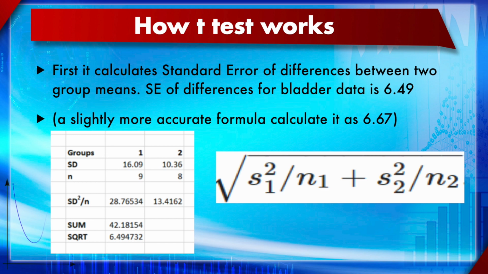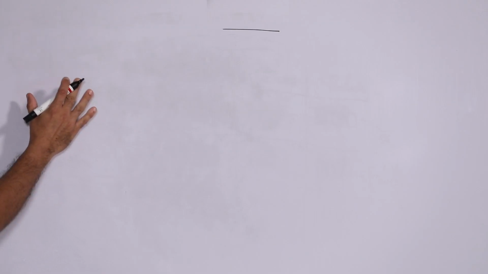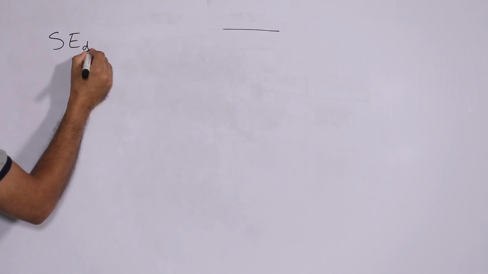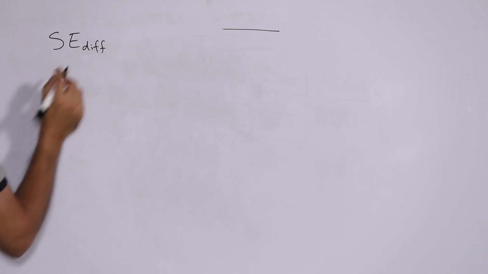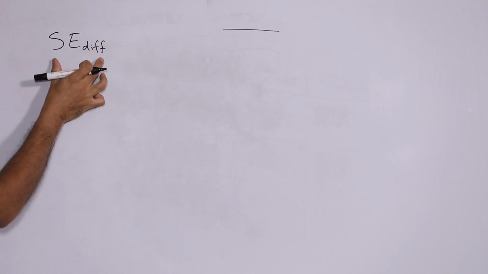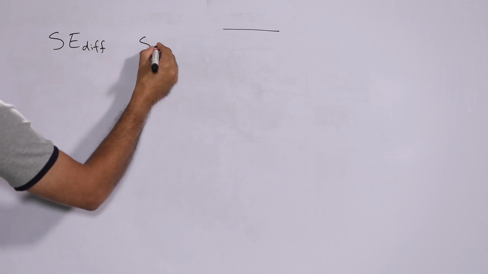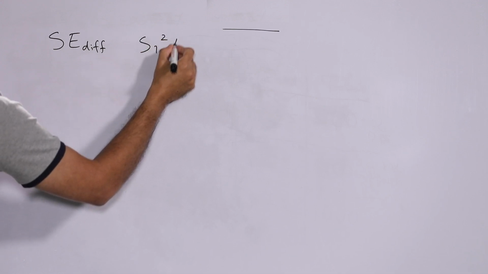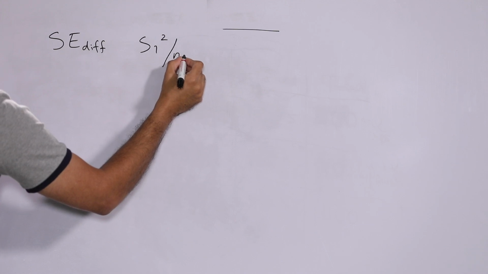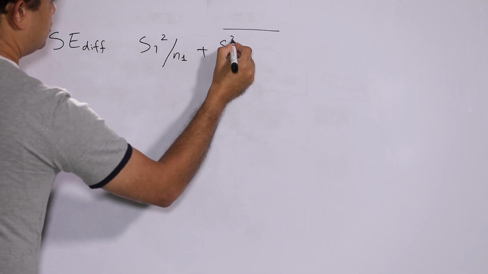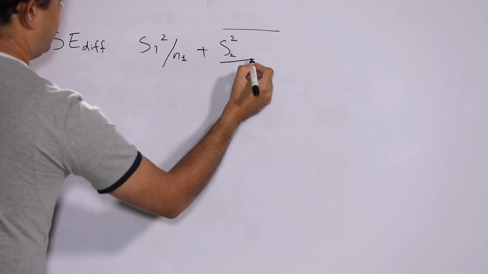Let us do this on the whiteboard. Before doing a t-test, let us first calculate the standard error of the differences, SE differences. The formula for the standard error of the difference between two group means is the square root of S1 square divided by N1 plus S2 square divided by N2.